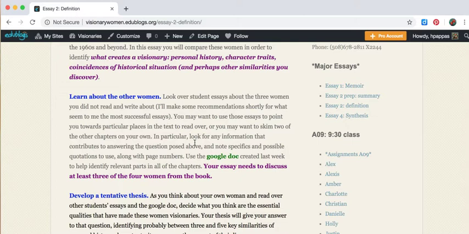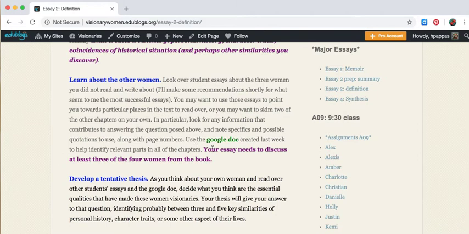So let me work through this. There are some requirements here in terms of the number of women you need to discuss. There are two pieces of it. One is for the essay as a whole. You need to talk about at least three of the four women. So once you decide on the qualities you want to write about, you want to look at which three, or you can write about all four, best illustrate those qualities.